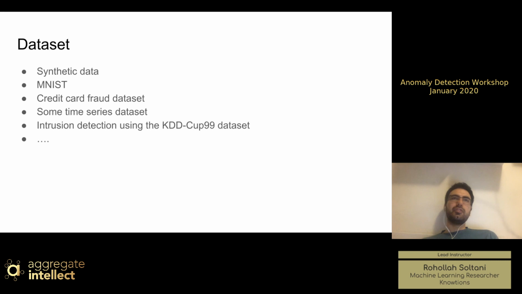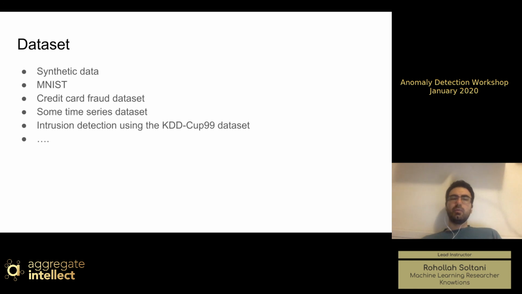Sometimes you have a global anomaly, sometimes you have a contextual anomaly, and that one will be a bit harder for some of the models to say whether this is fraud or not. So we'll play with different data sets and try different models in each session to learn how we can tackle this problem and how we can detect fraud in different types of data sets.